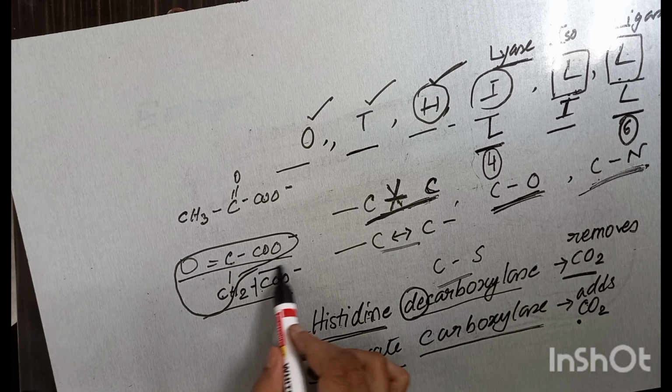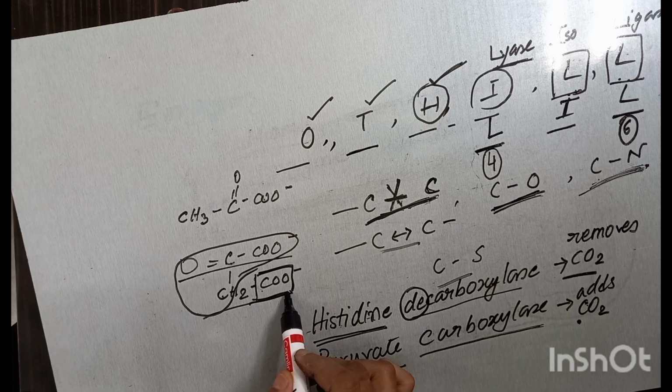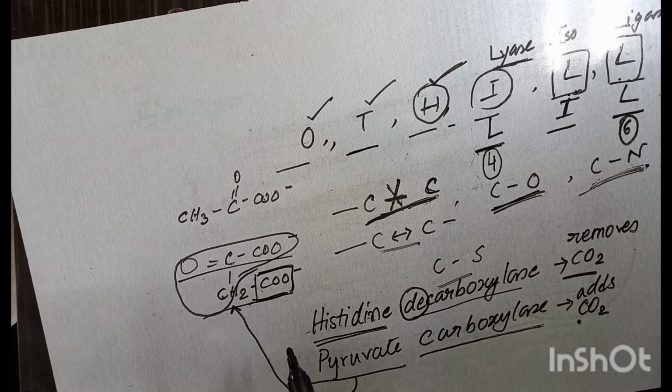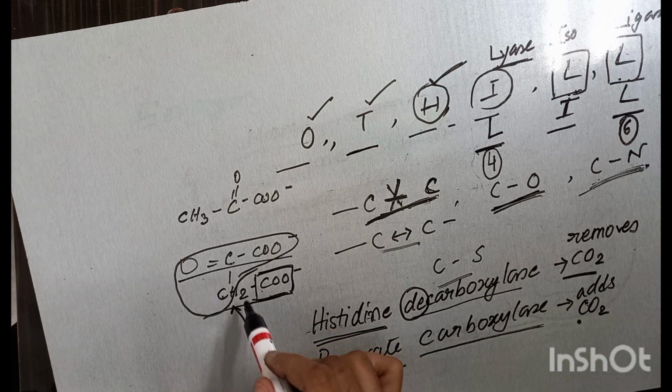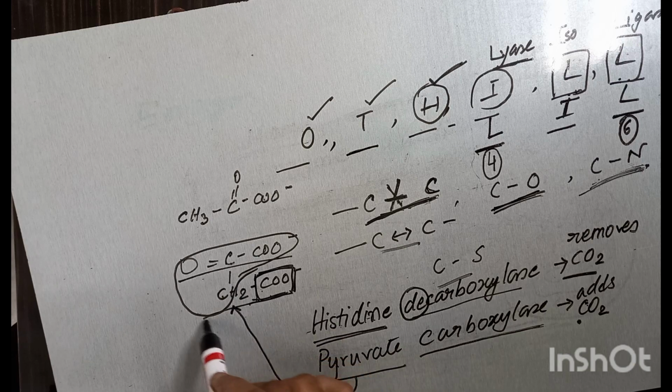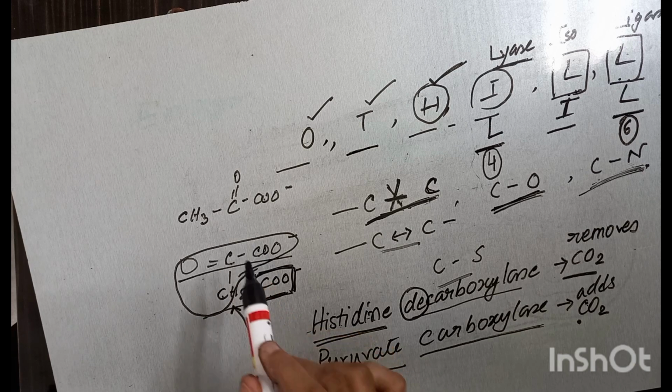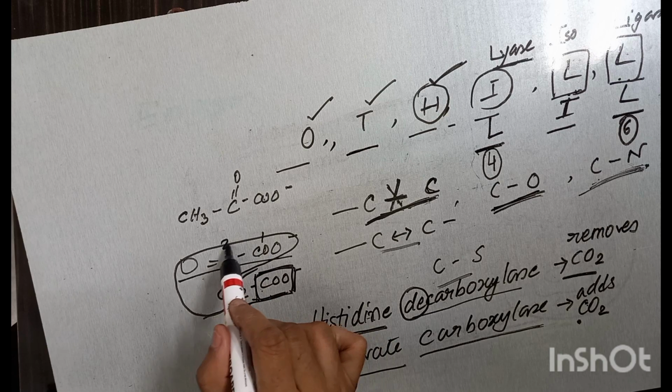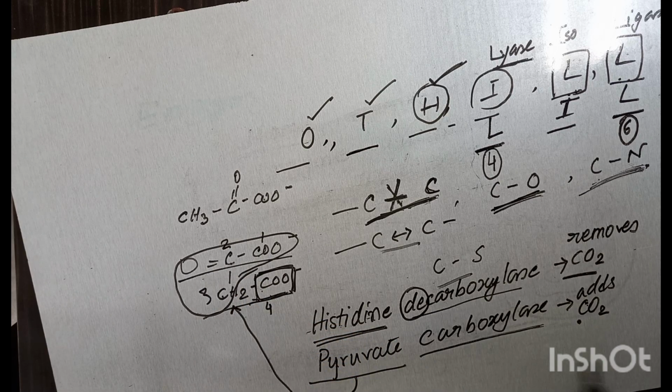And here a carbon dioxide is added. And who does this? Pyruvate carboxylase adds this carbon dioxide to the pyruvate molecule, and so this oxaloacetate molecule is formed, having 4 carbons. So this is an example of pyruvate carboxylase action, and it's a ligase. It adds carbon dioxide to pyruvate and forms oxaloacetate.